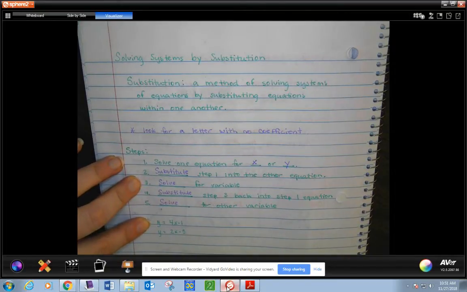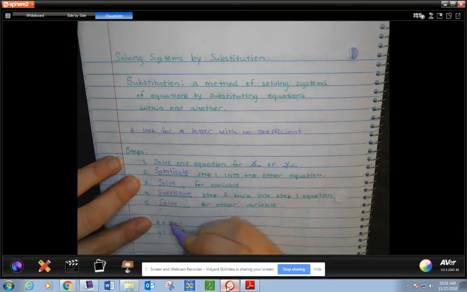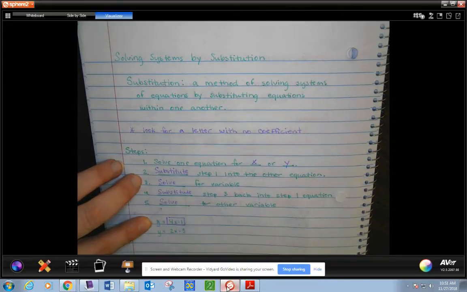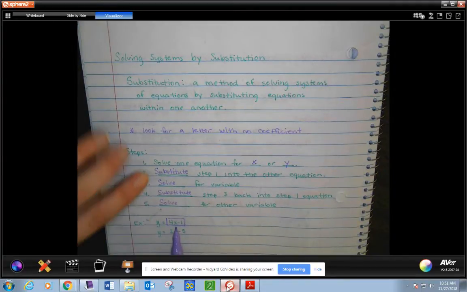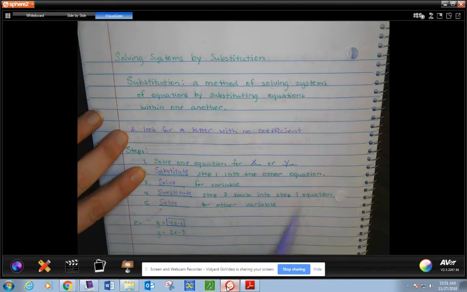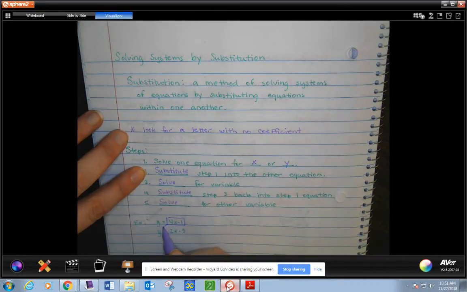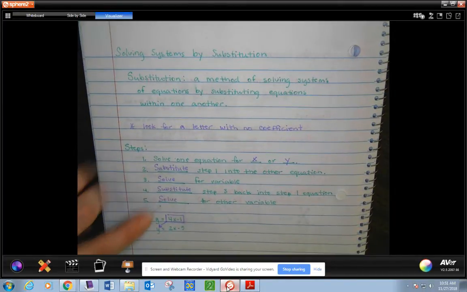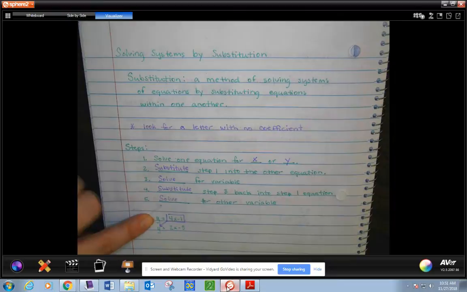On the top equation, y equals 4x minus 1, I'm going to box the 4x minus 1, because in my second step, it says to substitute that into the other equation. I'm going to take this box and plug it into the y in the other equation, because that's what I know y equals.